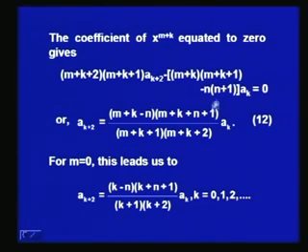The remaining thing will be m plus k plus n plus 1. So, the numerator here is m plus k minus n into m plus k plus n plus 1. This is the recurrence relation which connects a k plus 2 with a k. So, if we know the value of a k, we can find the value of a k plus 2.